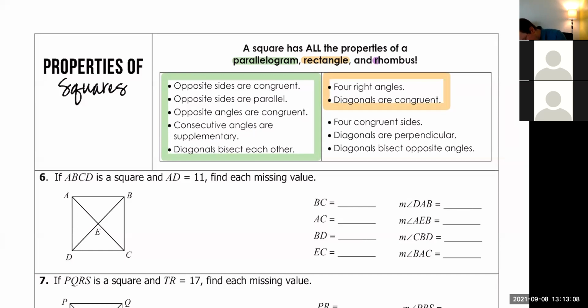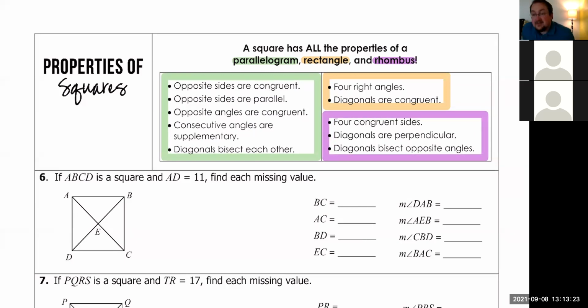And it's a rhombus, which includes these three down here. So again, you don't have to get that fancy. Sometimes I just like to show off. But what's nice is there's nothing new to have to learn for squares because it's just everything else.